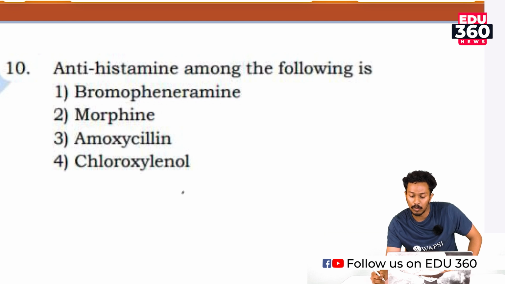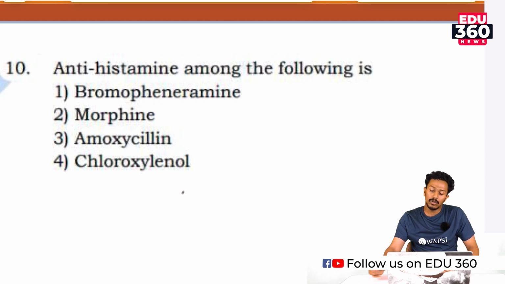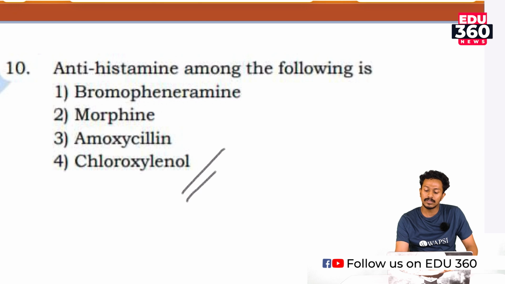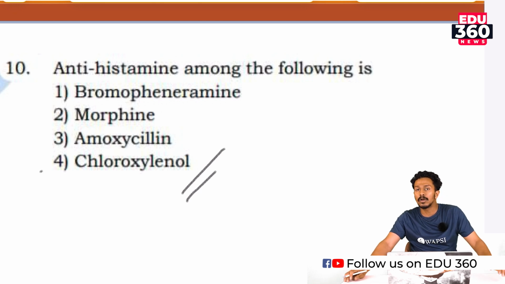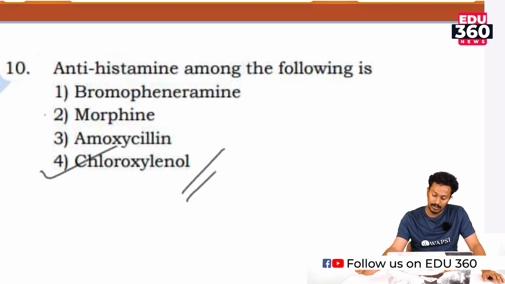Antihistamine among the following is: bromopheniramine, morphine, amoxicillin, chloroxylenol. What do you think is the most antihistaminic drug in these 4 options? We could cancel out chloroxylenol, which is an antiseptic, commonly called Dettol. So, we could rule out option 4.